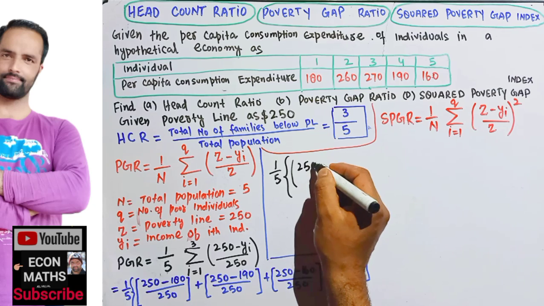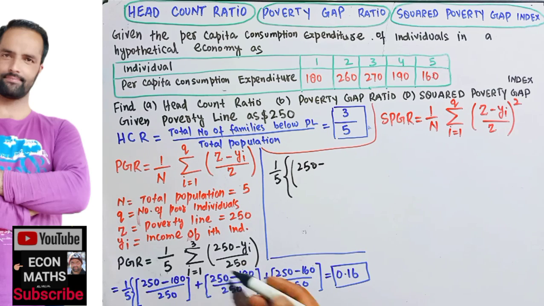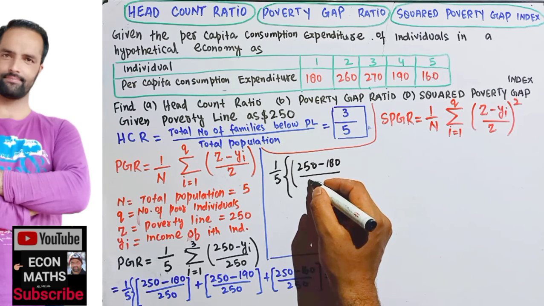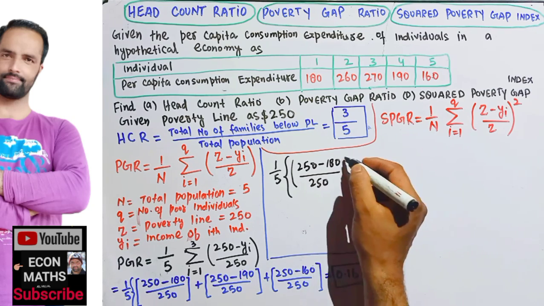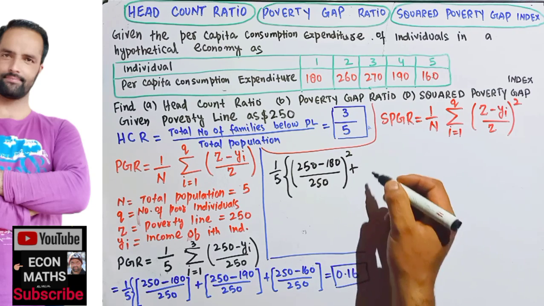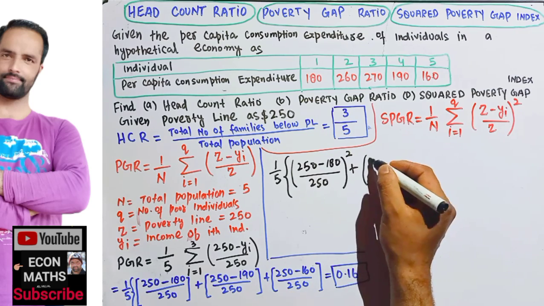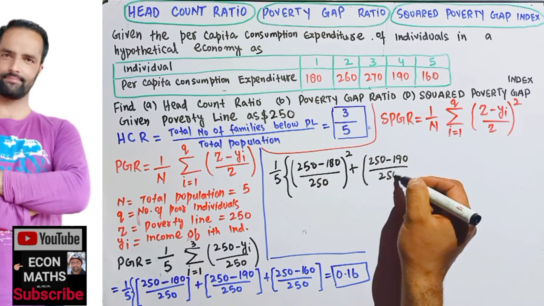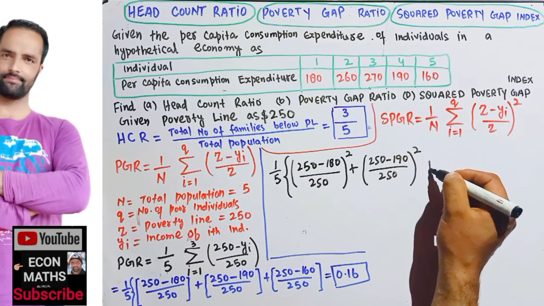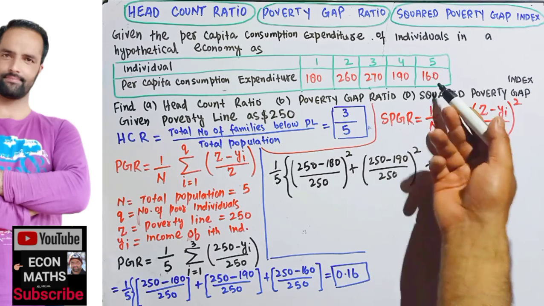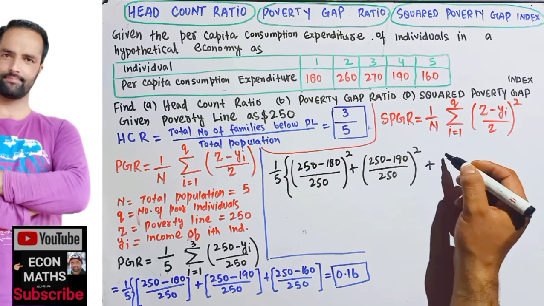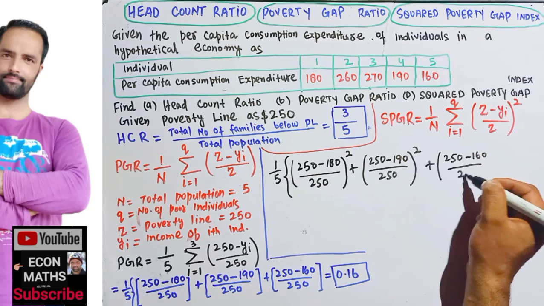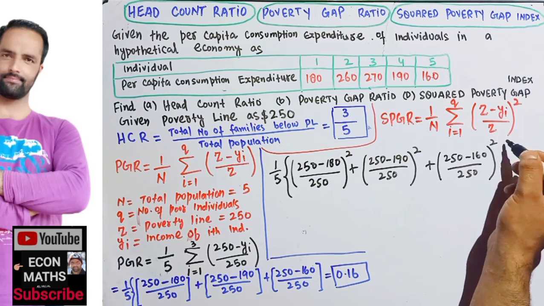We have 250 minus yi, the income of the first individual, that is 180, divided by 250, but this time we square it, plus when i is equal to 2, we have 250 minus 190 divided by 250, and we also square it, plus then we have the income of the third poor household, which is 250 minus 160 divided by 250, squared this time.